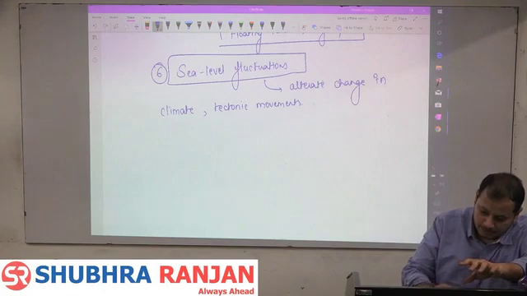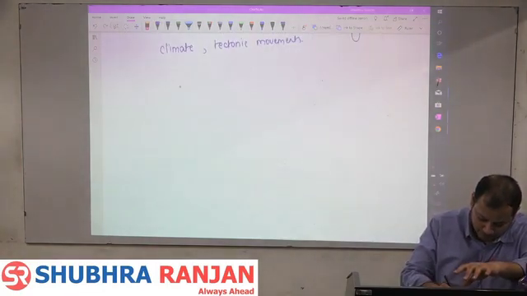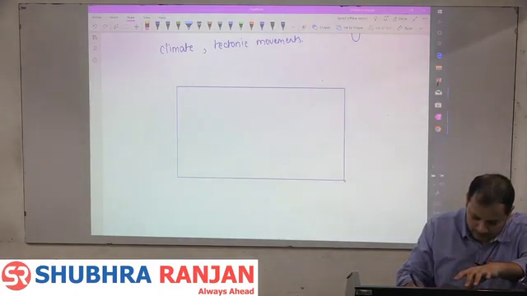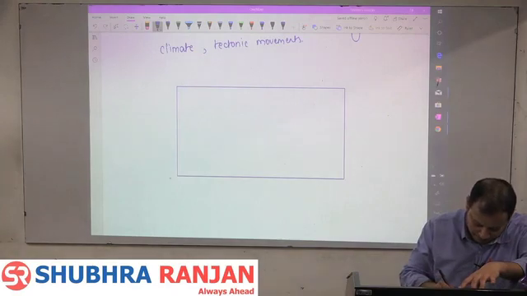Next point, the large scale changes in the sea level are always climatologically induced.